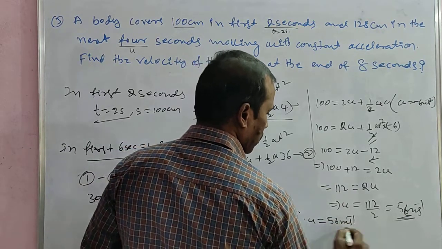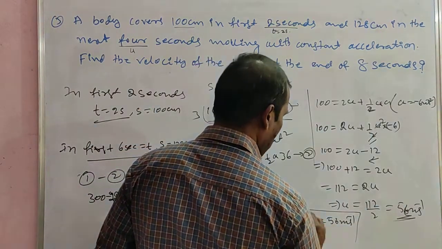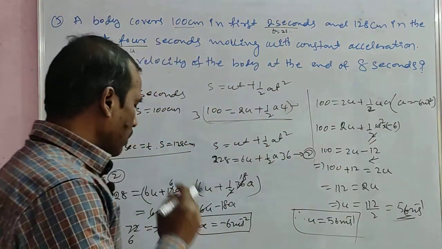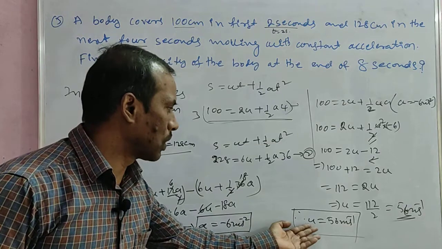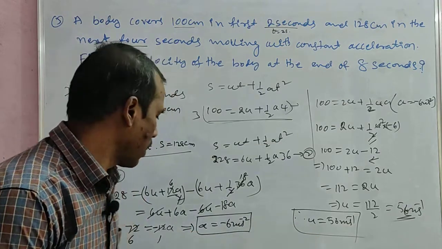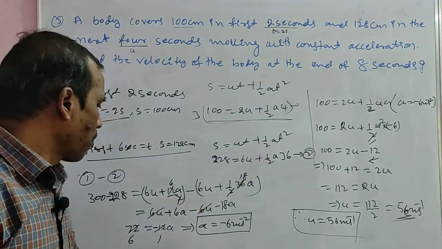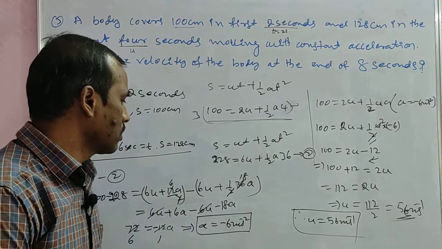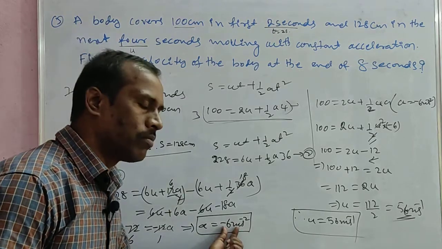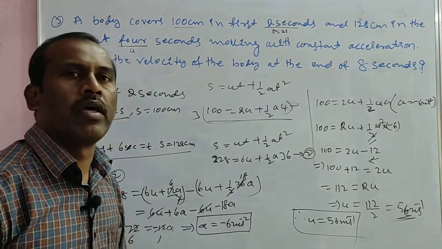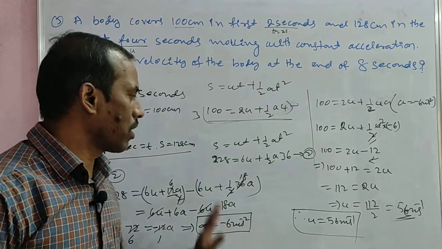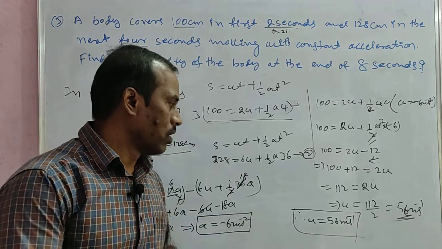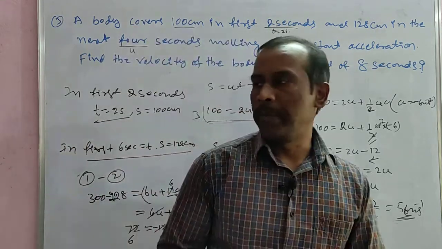So the initial velocity of the body u is equal to 56 meter per second, and the acceleration of the body is minus 6 meter per second square. The negative sign means retardation, that is deceleration.